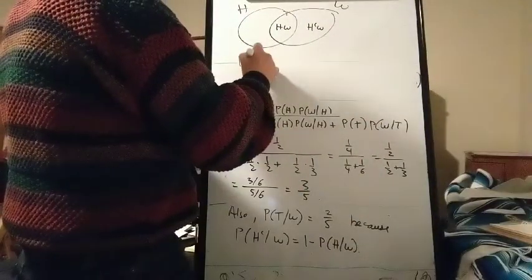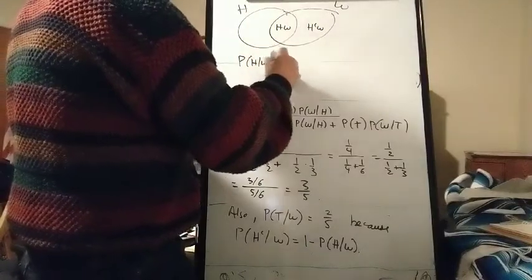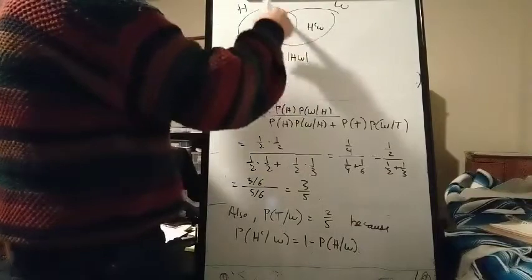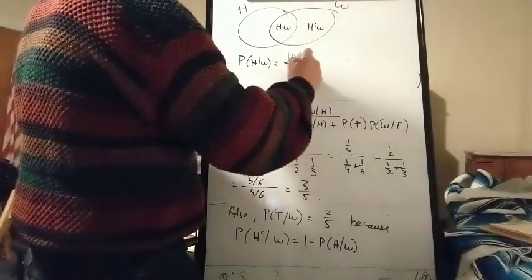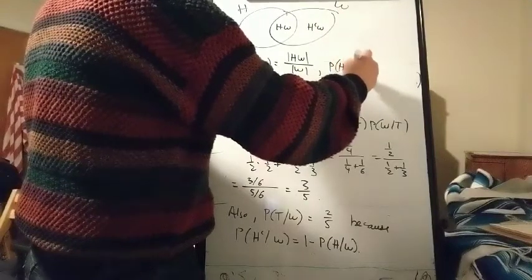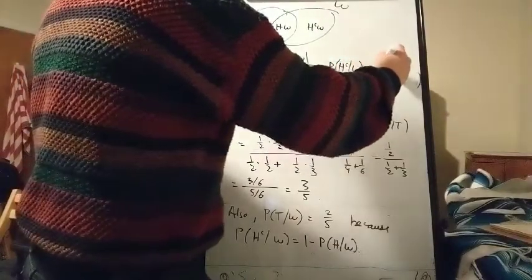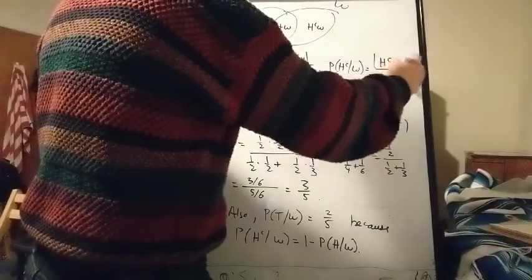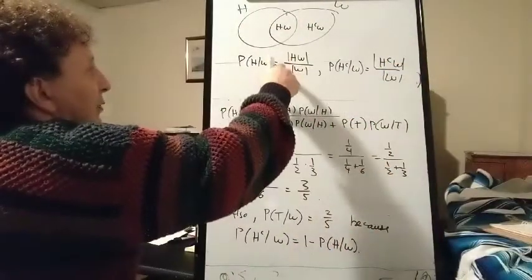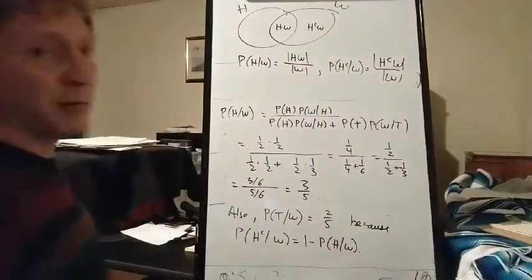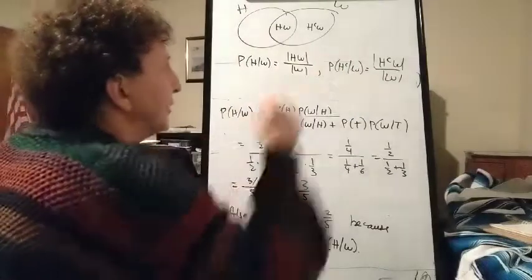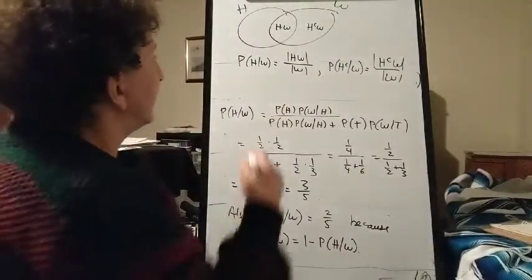So the probability of H given W is number of elements in the set HW over number of elements in W, and the probability of H complement given W is number of elements in H complement W over number of elements in W. Or area over area, area over area if we're using continuous probability. This is for finite sample spaces.